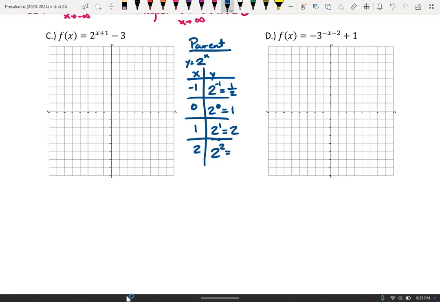And 2 squared is 4. Parent function, our horizontal asymptote is at 0. And let's go ahead and put our points in. So -1, 1/2, 0, 1, 1, 2, and 2, 4. All right, so there is my parent function there.